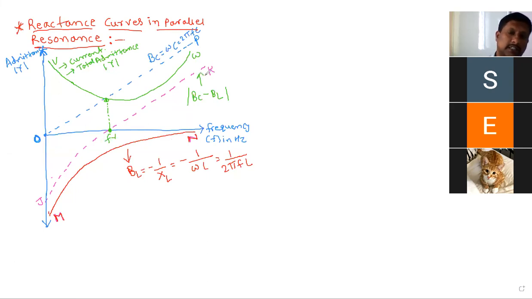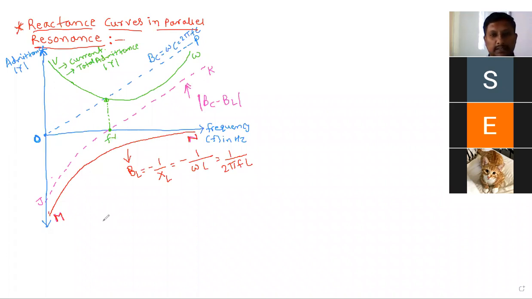This is related to what? JK. So I will write with the help of pink color. JK is nothing but what? BL minus BC. Sorry, it is reversed. BC minus BL. The magnitude of BC minus BL is nothing but JK.